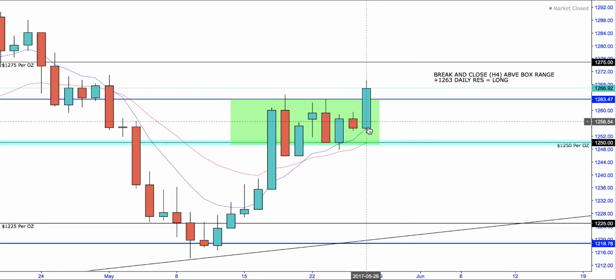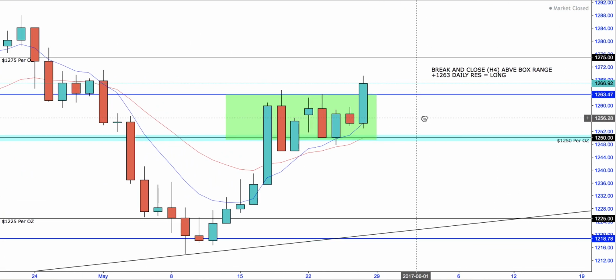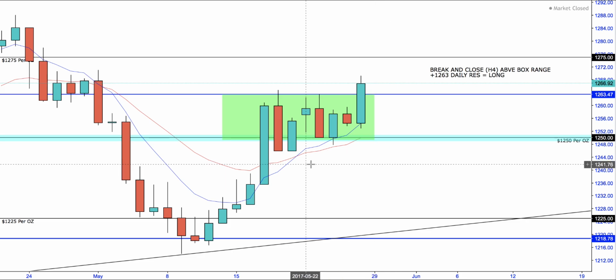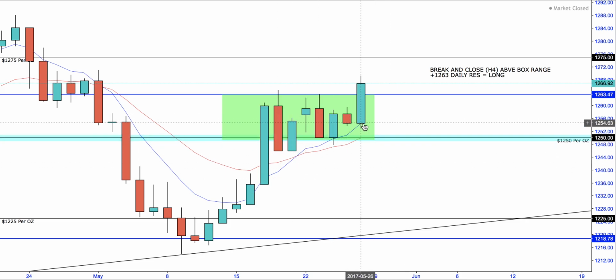Friday's candle, because today's the weekend, while I'm shooting this video it's Sunday. This was Friday's close. So it engulfed 1, 2, 3, 4, 5, let's say 6 days. Minimum 5 or 6 days. What I mean by this engulfment is that we've taken out and broken through that entire range here.